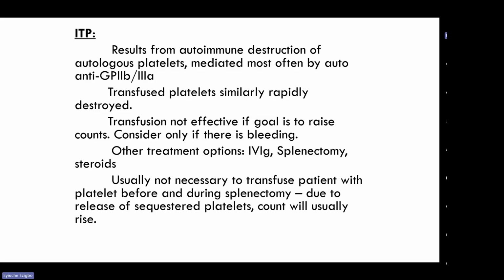So why they are advising immunoglobulin and steroids is that they will help to reduce the attack on the platelets, or splenectomy, because it's at the spleen that these immunoglobulins are being produced.